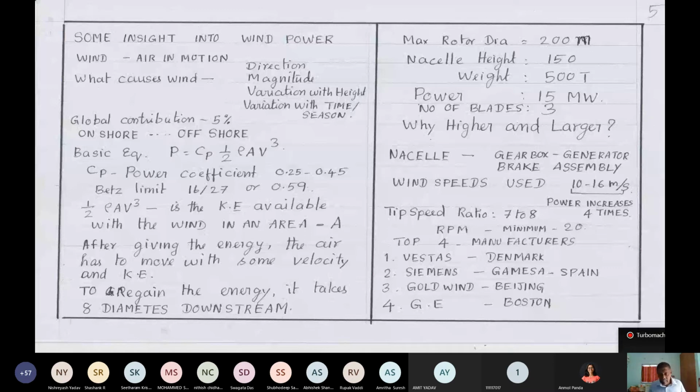Why do we go like that? Because wind speed variation at a height will be less than what we experience closer to the ground. Then why larger? More the area, more the power.